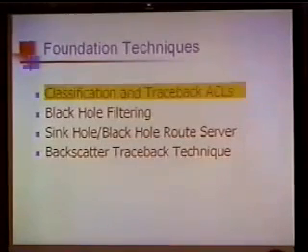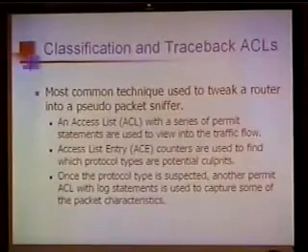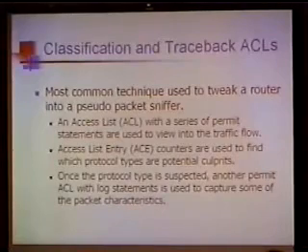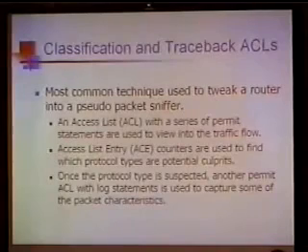So, first one, classification traceback. This is probably the fundamental technique that we see people use. This is where essentially you're using an access list and turning your router into a pseudo sniffer. Given a scenario where your customer is calling you up and says, I'm under attack, help, what should I do?